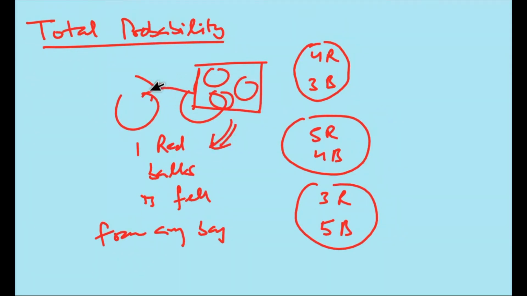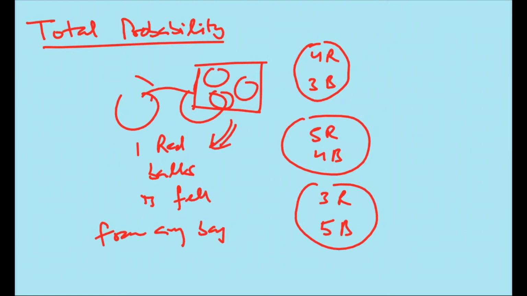So what do you have to think? You have to think the red ball may be from this bag, or maybe from this bag. The red ball may be from any bag. Here you can see all the events are exclusive and all the events are exhaustive. When the events are exclusive and exhaustive, then we can find the total probability.